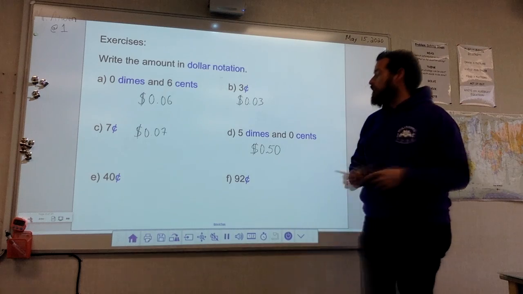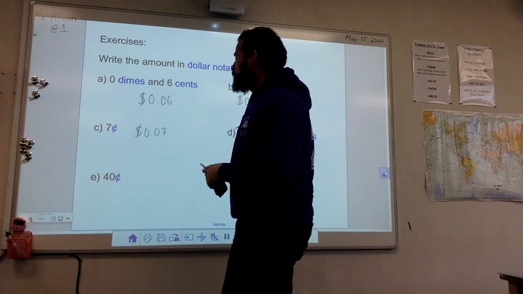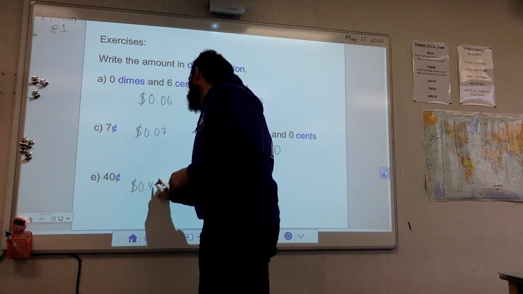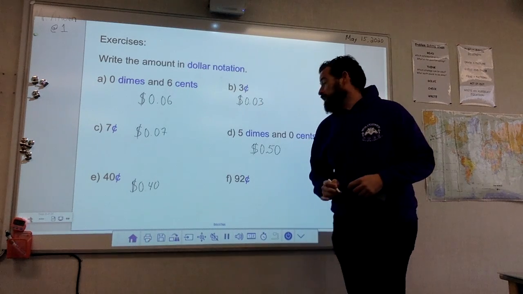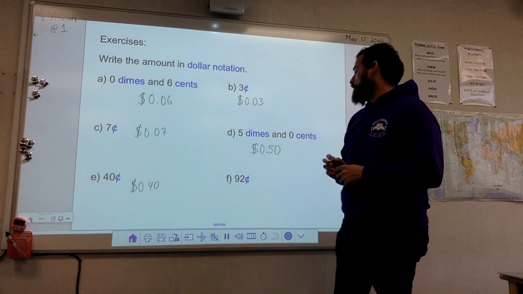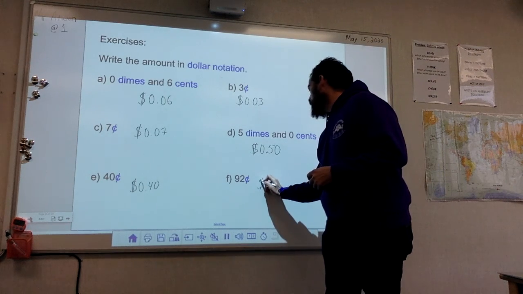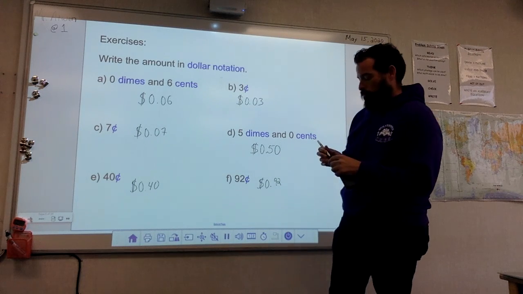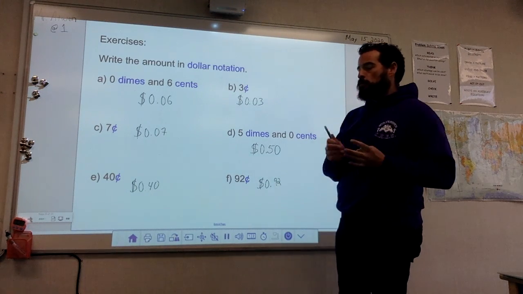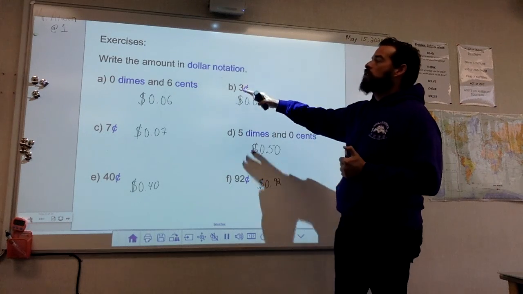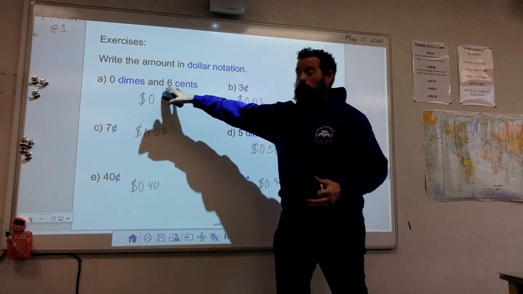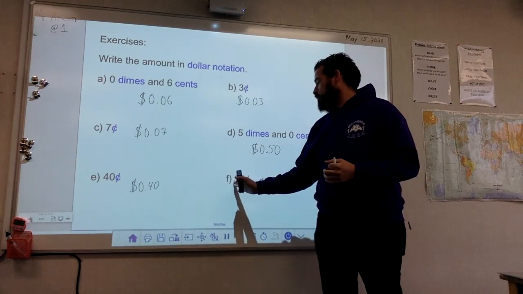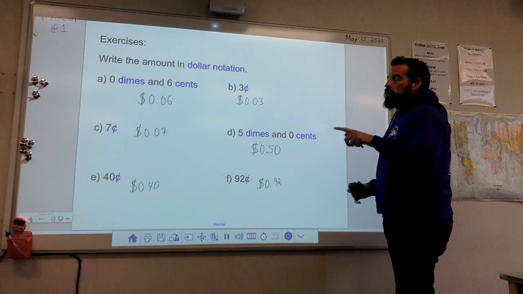So 0.50, dollar sign is important. 40 cents, same thing, 0.40. And then finally, for exercise F, 92 cents, dollar sign, 0.92. So basically, when you're converting something from cent notation or from words into dollar notation, you're moving a decimal point 2 spaces.